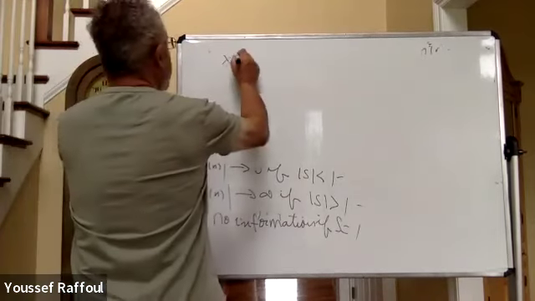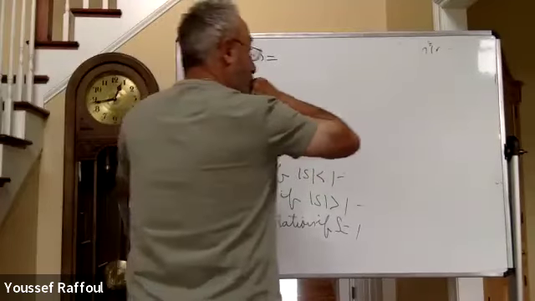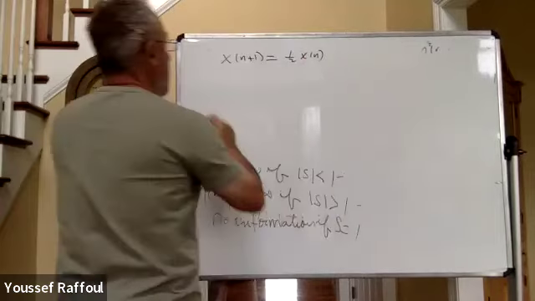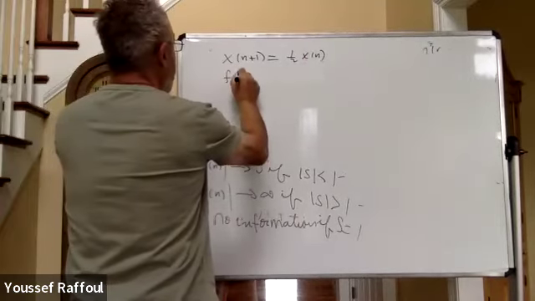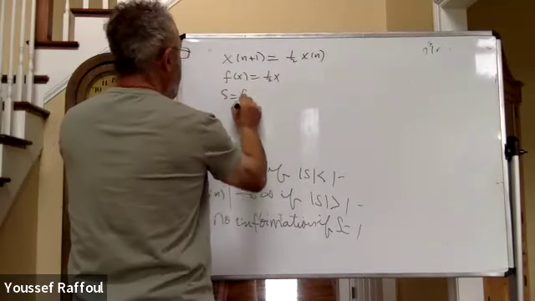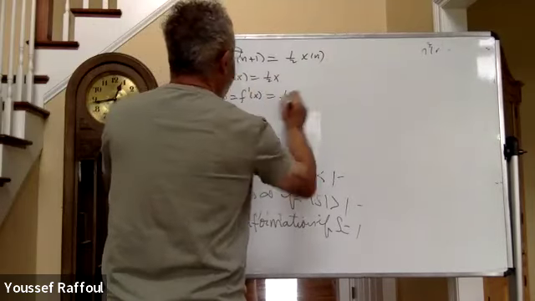So you see, before we saw x_{n+1} equal to 1/2 x_n, and here f(x) is 1/2 x, and s is f'(x). That is 1/2.